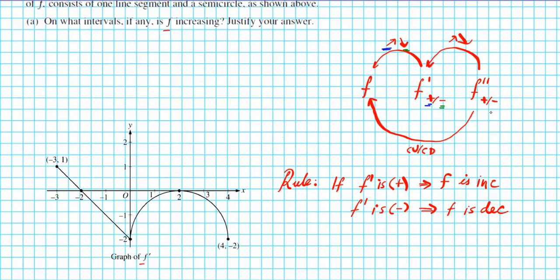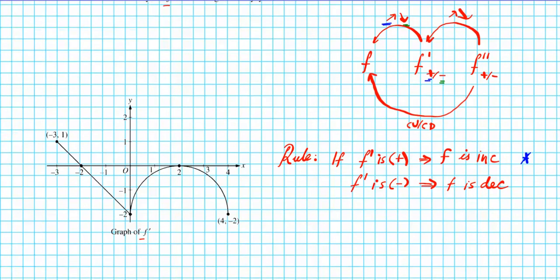In this problem, we ask, where is f increasing? So we're going to be looking at the first rule right here. When you ask where f is increasing, if you want to use f prime to answer that question, you're going to be looking at the sign of f prime. Mainly, we're looking at where f prime is positive.